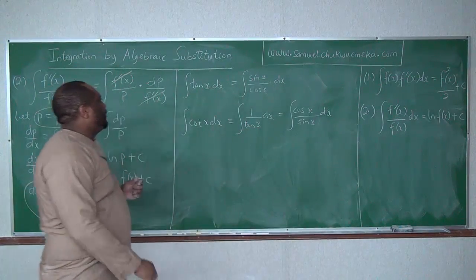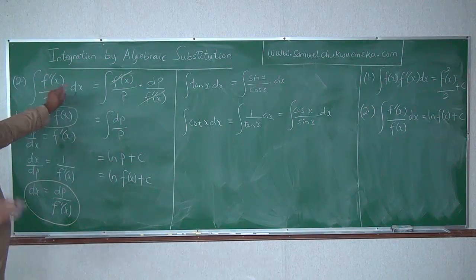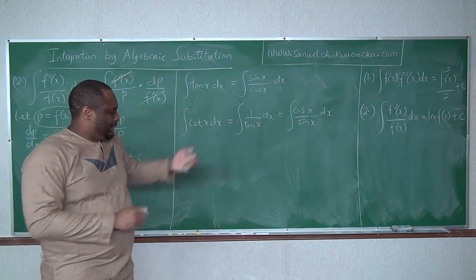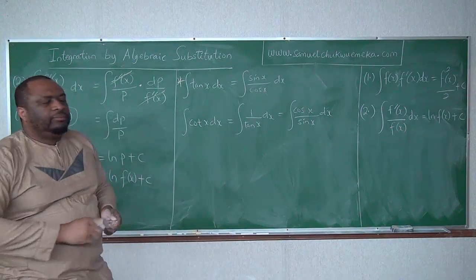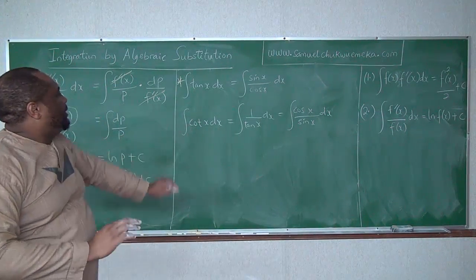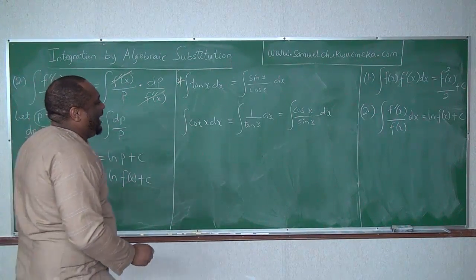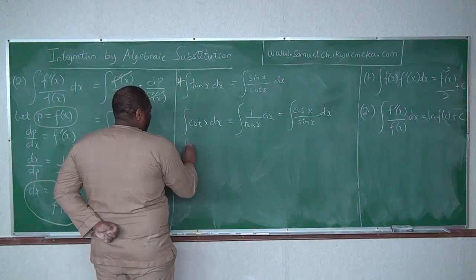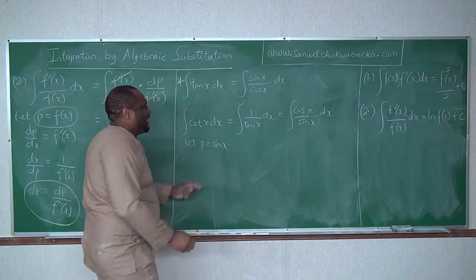So this cos x over sine x looks exactly like this. And don't worry, we shall come to tan x, but let's do this first. Now we say let P be sine x.